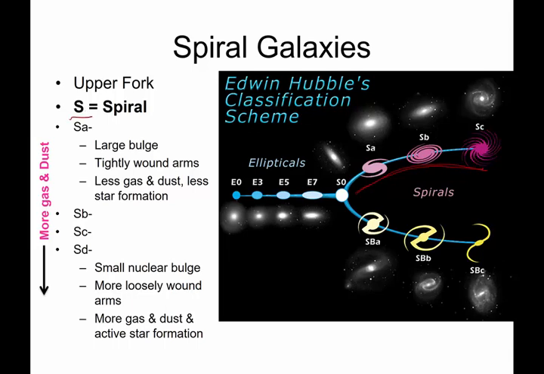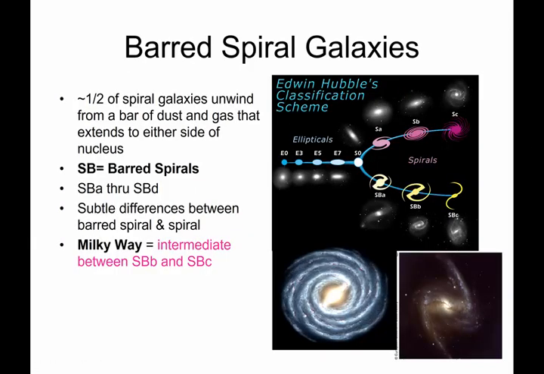Spirals are abbreviated with a capital S. And then, depending on how far along they are on that fork, there is a second letter: A, B, C, and some actually talk about an SD. So it depends, honestly. I've seen both. It depends on what book you're reading or what website you're on.